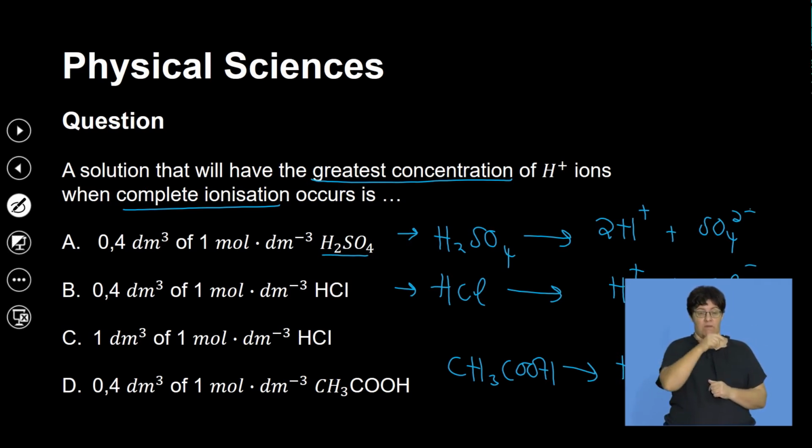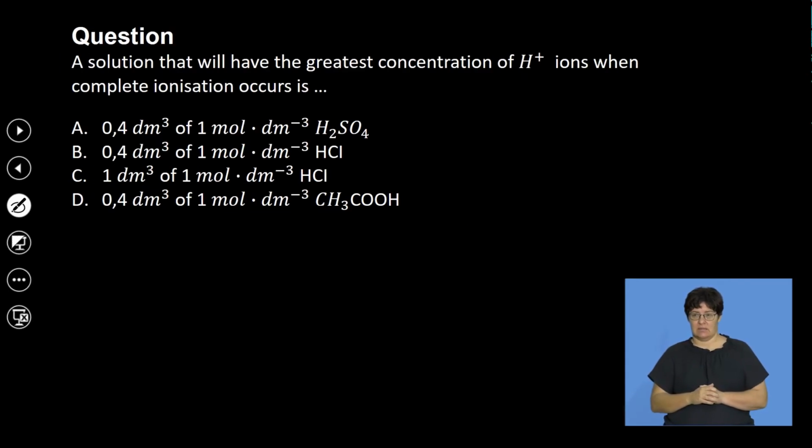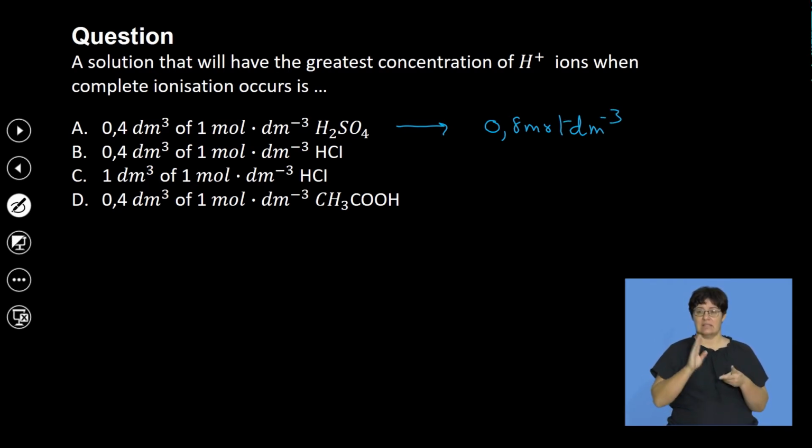So 0.4, if it dissociates, it will give us double 0.4, which is 0.8. So this one will give us 0.8 mole per cubic decimeter, while the second one will give us the same 0.4 mole per cubic decimeter of the ion.